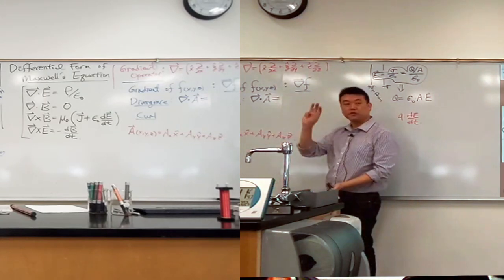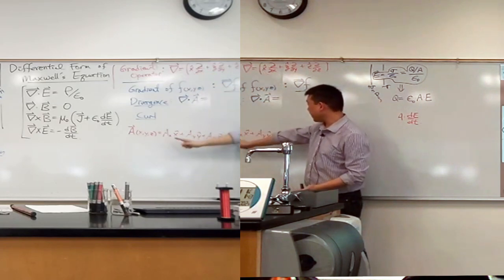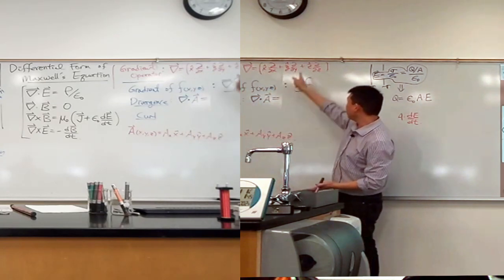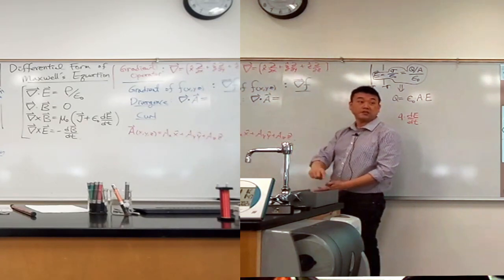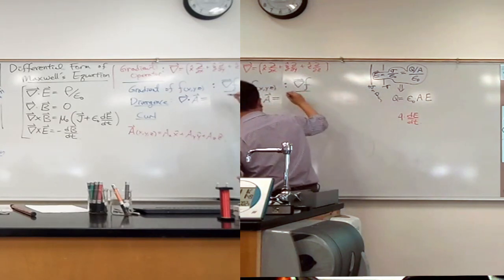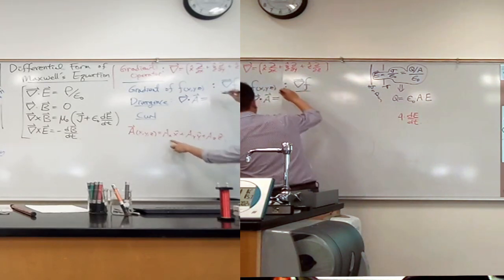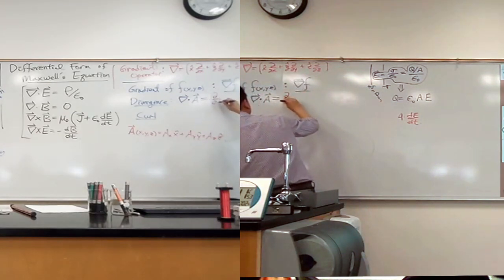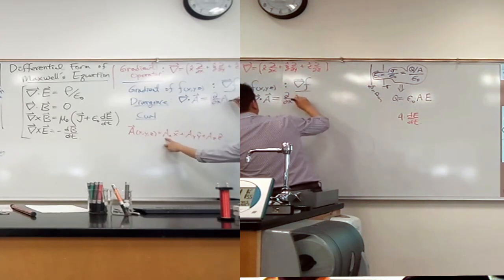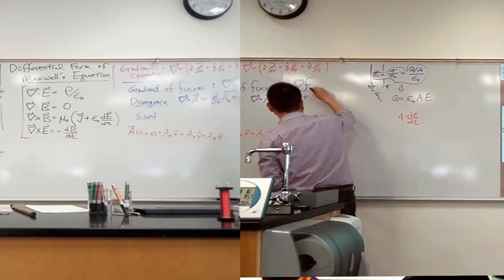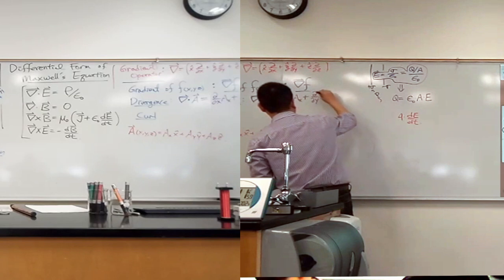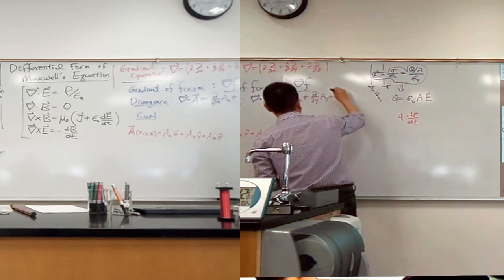Of those 9, only 3 survive: x dot x, y dot y, and z dot z. The rest go to 0. So you end up with the x derivative of Ax plus the y derivative of Ay plus the z derivative of Az.